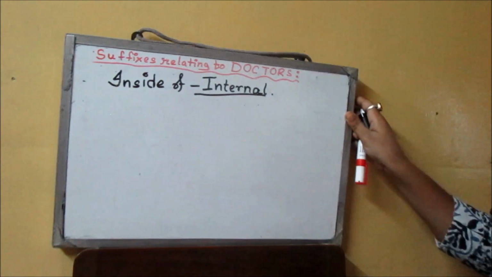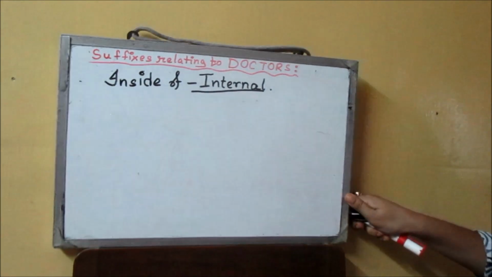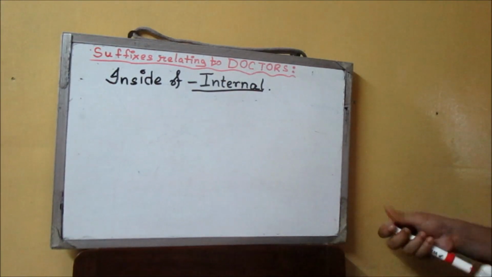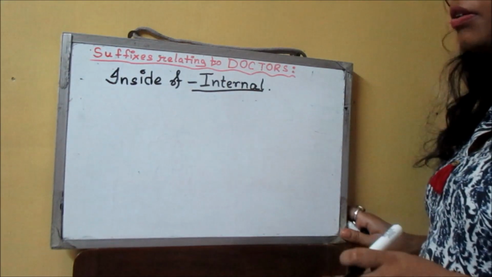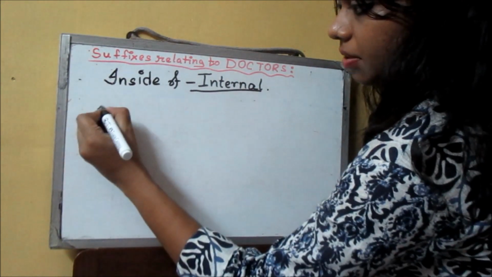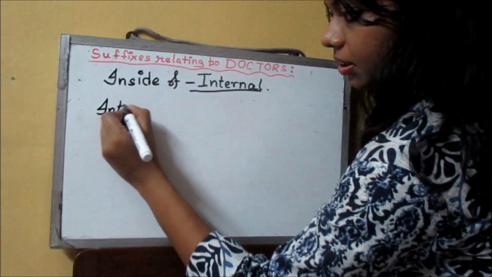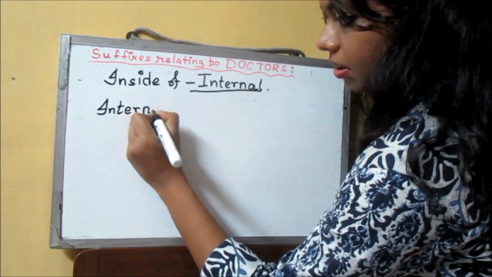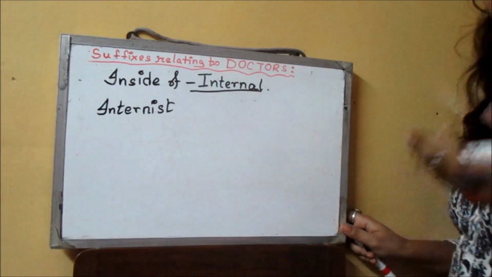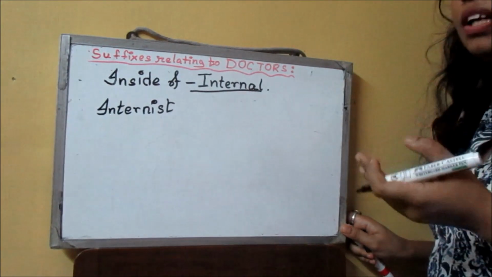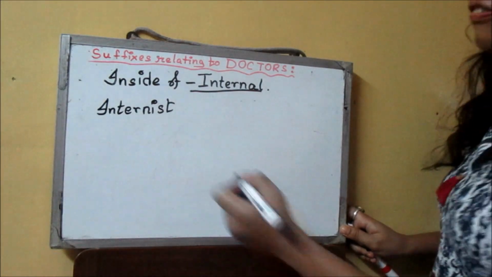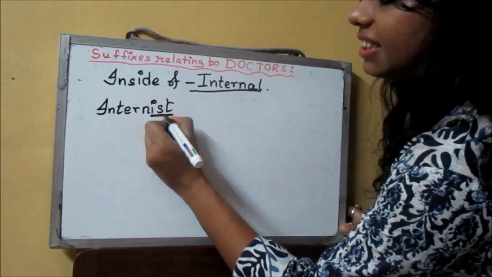So when talking about medicines and doctors, we often come across a term, internist. And I hope that you remember in the list of suffixes that I have given you, you have come across the suffix ist.